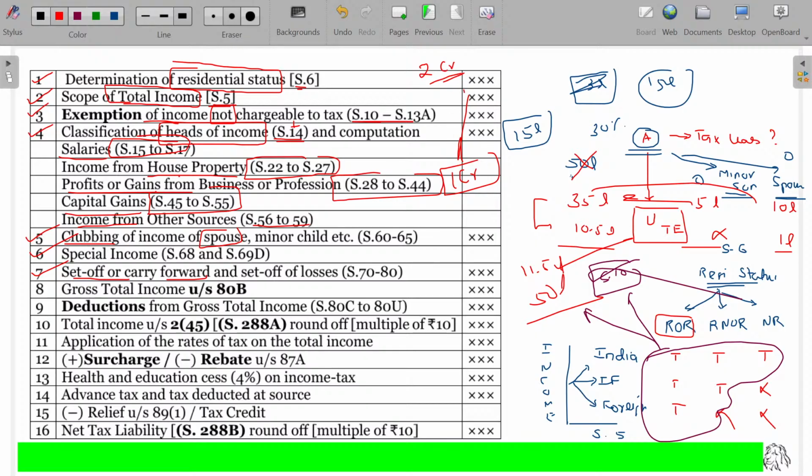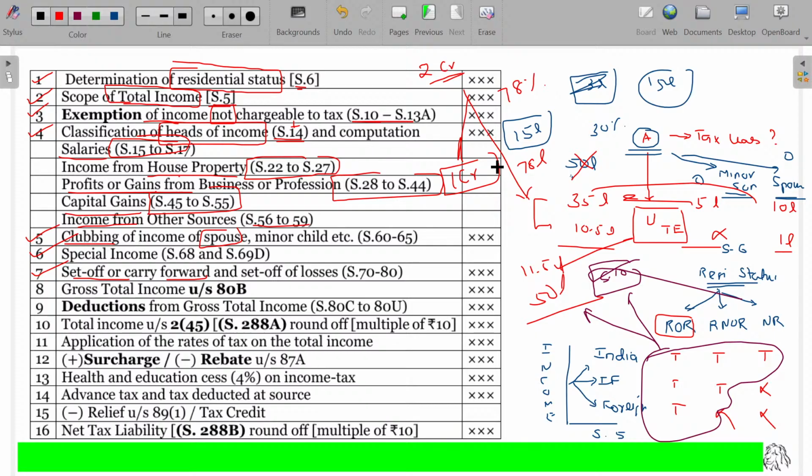How much? 78%. Out of that 1 crore, you have to pay 78 lakhs to the government. The income you hide, when found by the department and taxed, is taxed at the rate of 78%, leaving you with only 22%.